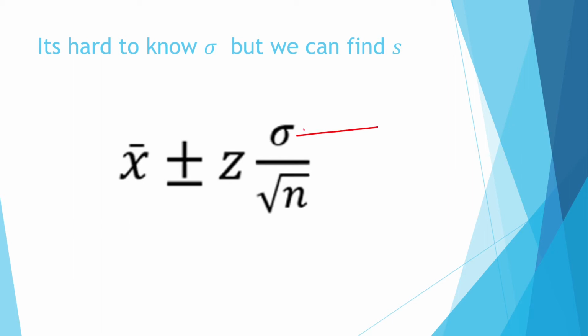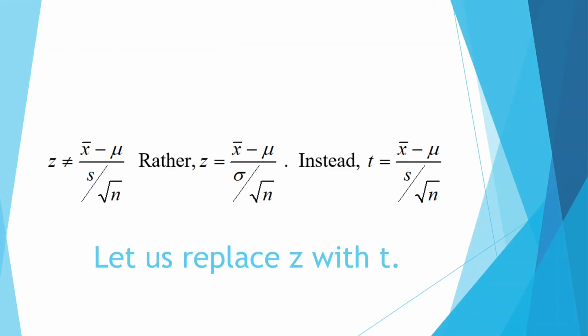I'm going to use S instead of sigma because it's a lot easier to calculate S. But recall, Z is not equal to x bar minus mu divided by S over the square root of n. It is equal to x bar minus mu over sigma divided by the square root of n. There's a sigma here, so we cannot just replace this sigma in here and set it equal to z. That's not going to happen.